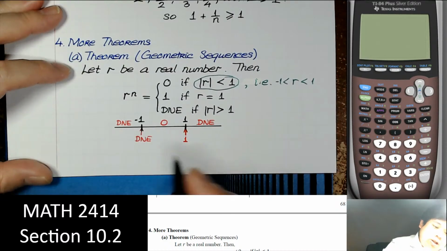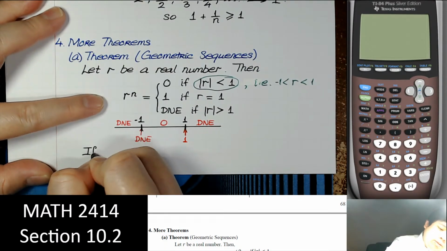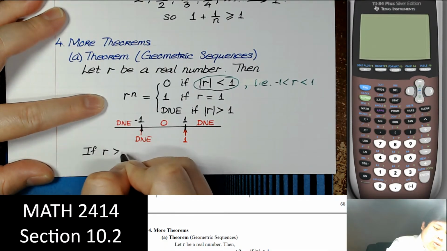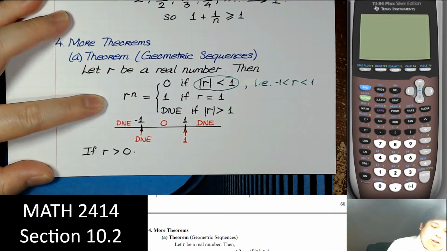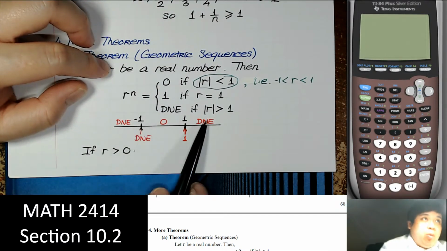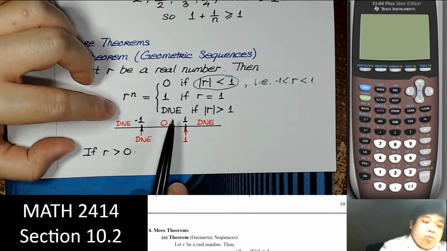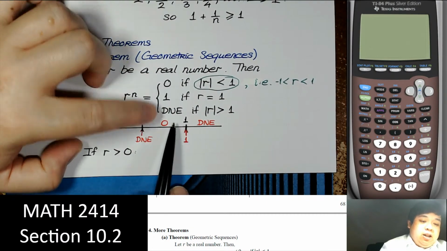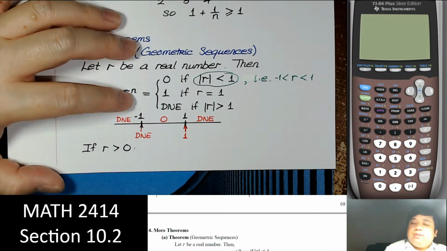And then also, if r is positive, by the way, I'm not saying 0 is between negative 1 and 1. I'm saying when r is between negative 1 and 1, the whole thing equals 0.